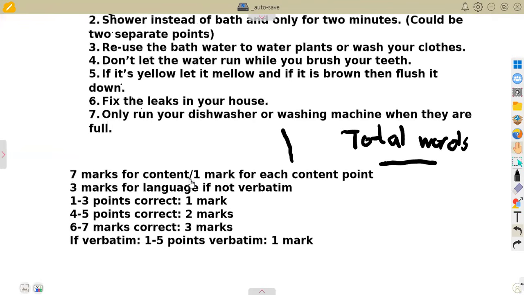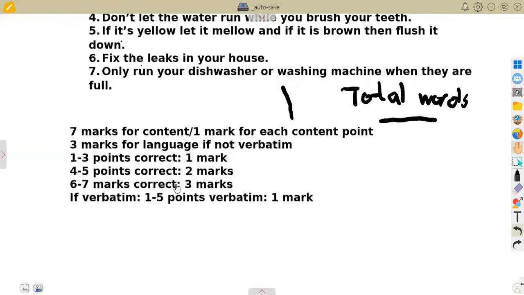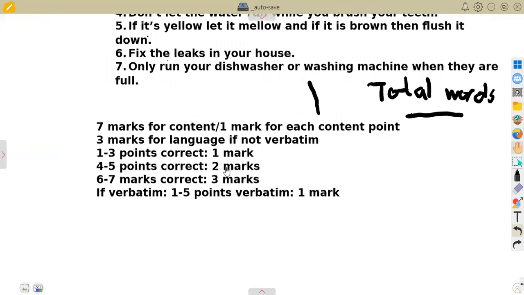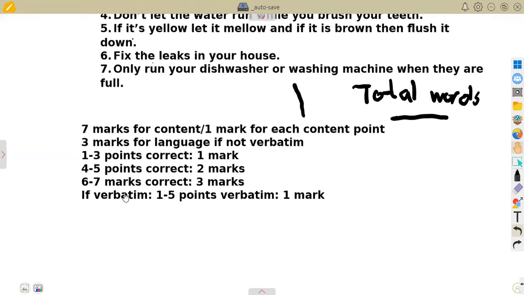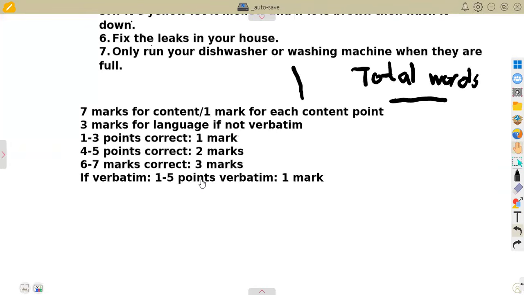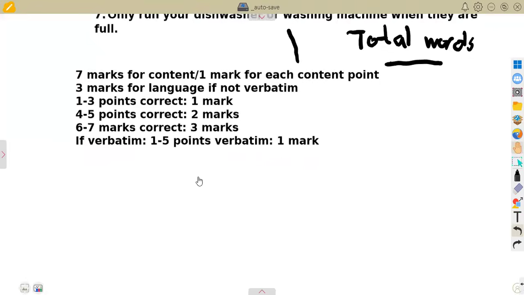So good people, we need also to ensure that 1 to 3 points are marked correctly as 1 mark. But if you have written 4 to 5 points correct, you are going to be allocated 2 marks, and then 6 to 7 points correct, you are going to be allocated 3 marks. And then if the verbatism is on the scale of 5 points, you are going to be allocated 1 mark, which will be the total now of 10 marks.